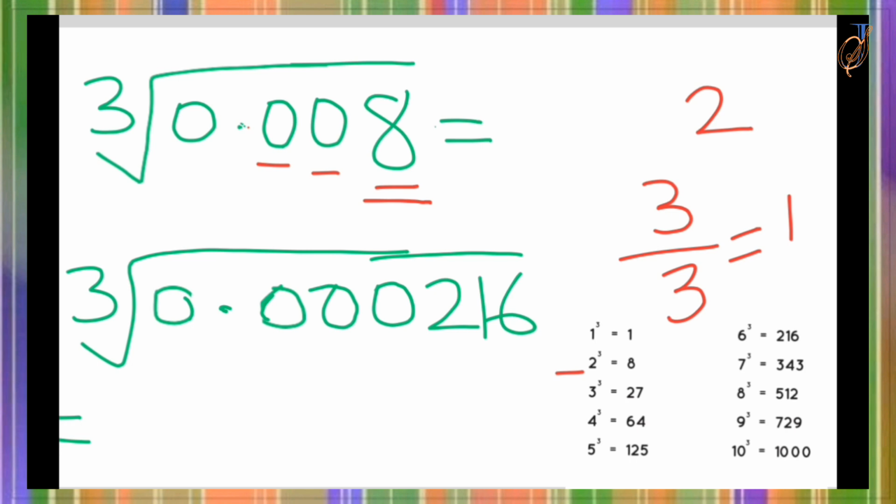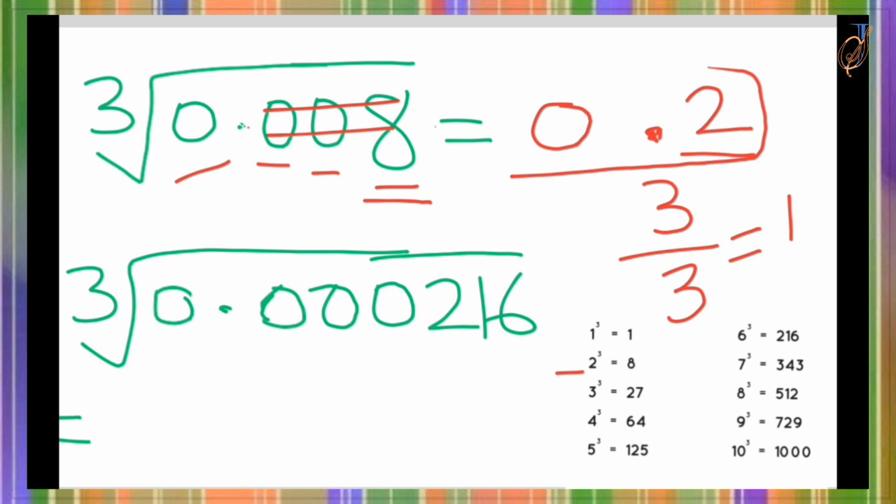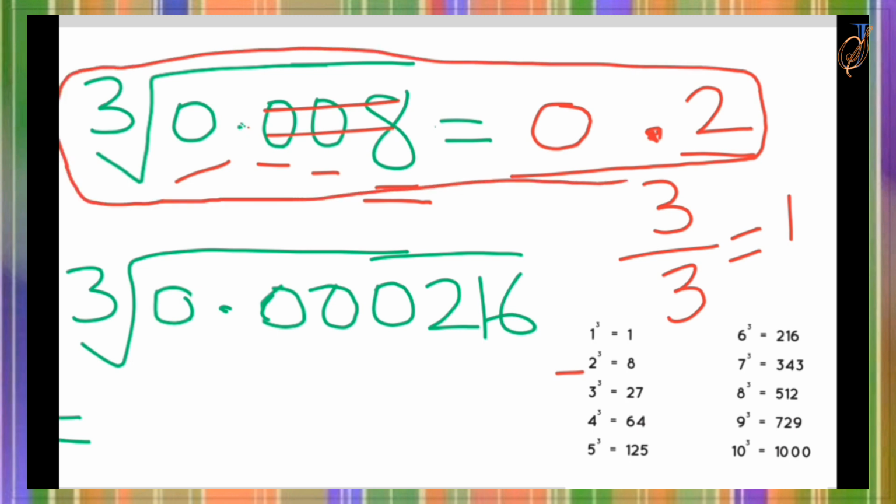That means place the decimal point one place before. Now you strike out last 3 digits. Now you are left with a 0. Closest cube less than 0, nothing is here. So that's why you have to place 0 here. This is your result. For cube root of 0.008, the result is 0.2.